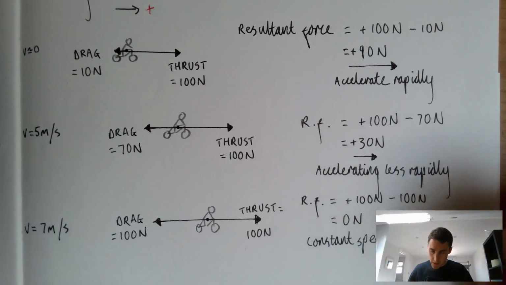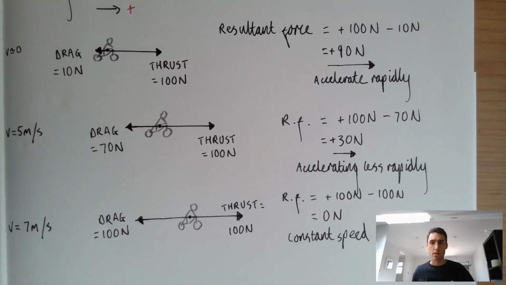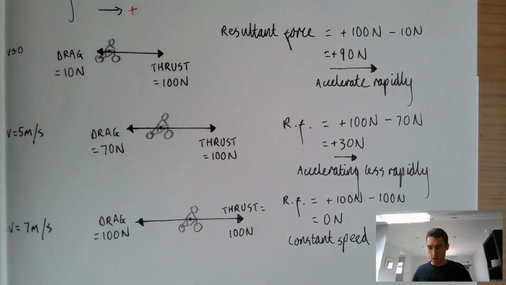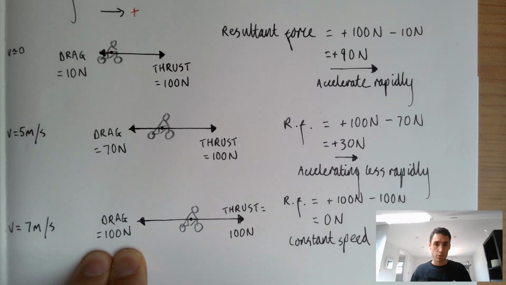And this is really, really important. What we'll see in the examples later on in this lesson is, because we're not going to go into kind of F equals ma calculations because it's only year 8, what we're going to see is lots and lots of examples where objects are travelling at constant speed and students have to work out the drag.